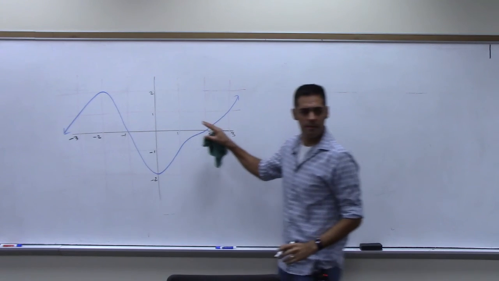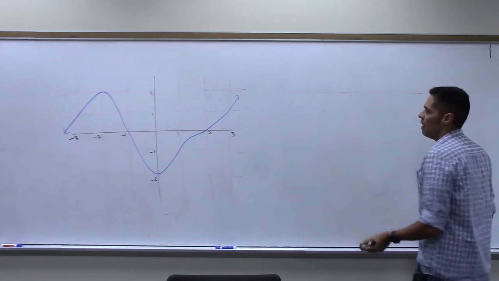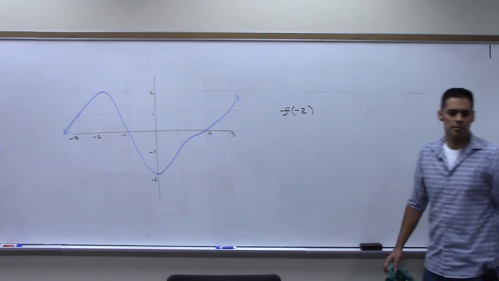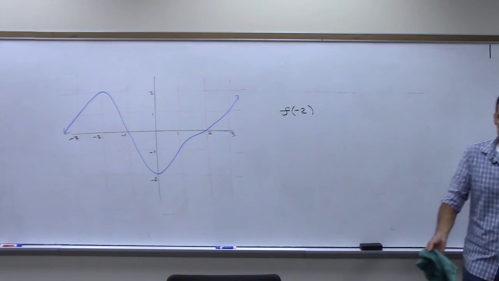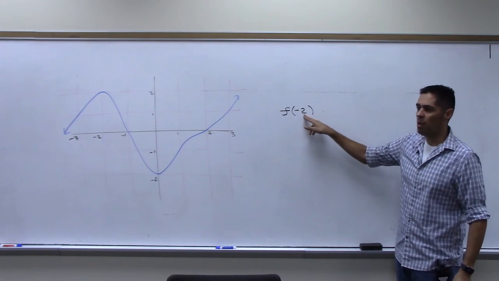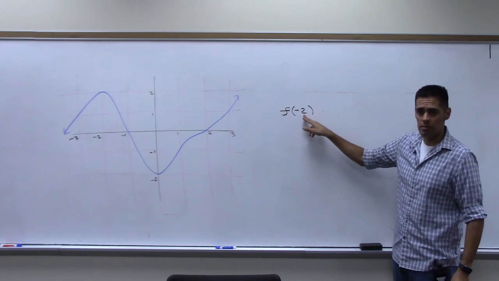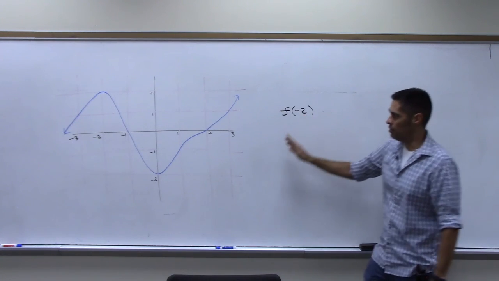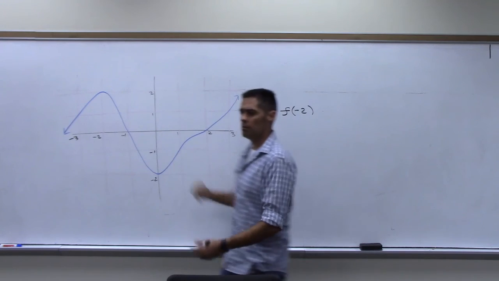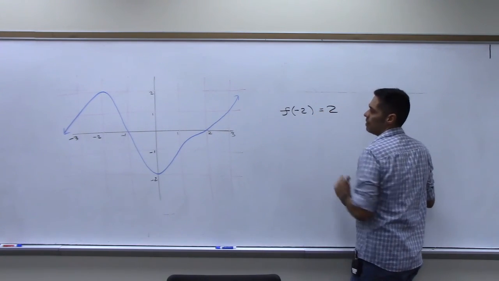Make sense? And then I could ask you something like, what's f of -2? So you see it's going to be much easier for you to tell what's happening here. This means you're plugging in x is -2 and asking what's the y value. So you go to -2, what's the y value here? 2. Much easier to read.